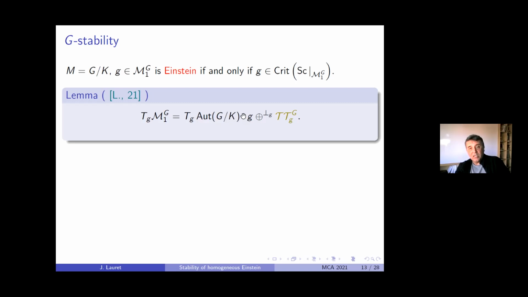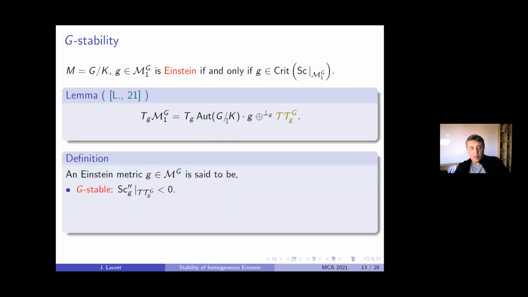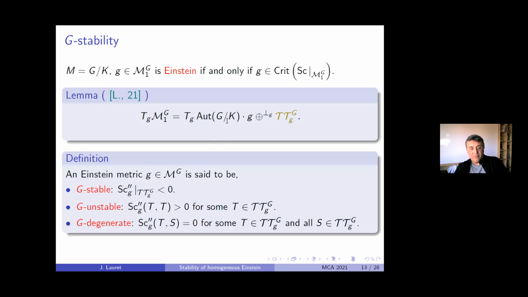To get again a G invariant metric, you act with this very special group of diffeomorphism of the homogeneous space, are the automorphism of G taking K to K. So we can naturally define G stability, G instability, and G degenerate in the same way. Okay. So this will imply, for instance, G stable, it will be a local maximum of the functional scalar curvature on M_1^G.